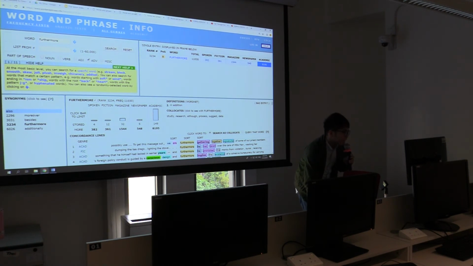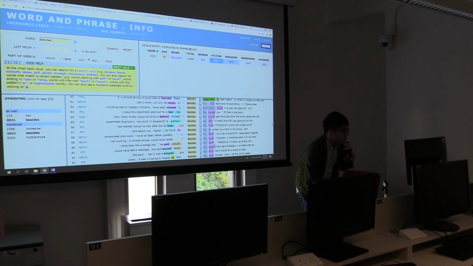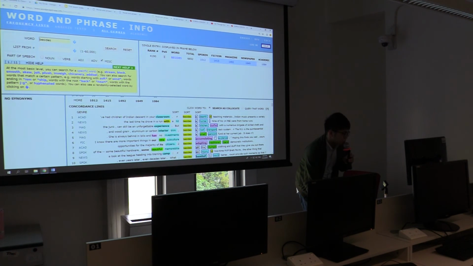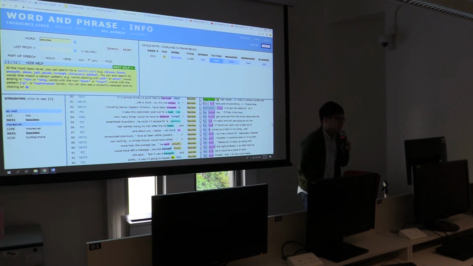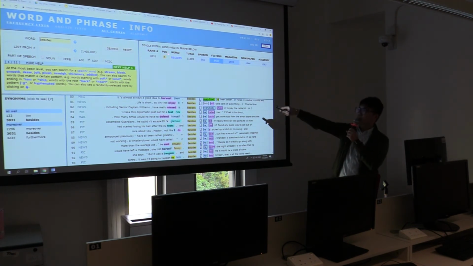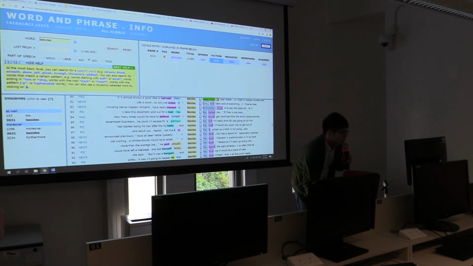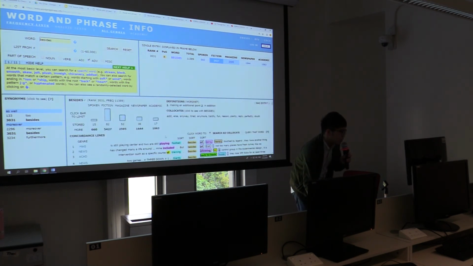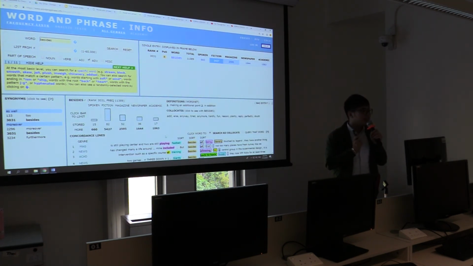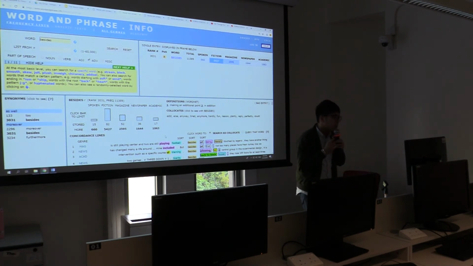As for besides, there are two parts of speech for besides. So let's have a look at the first one, the orange one. It is mostly used in fiction. Do you know what is fiction? Yes? Like Harry Potter or books like that. It's called fiction.